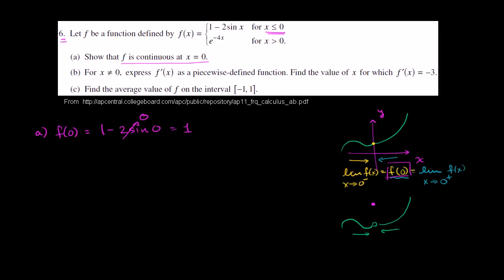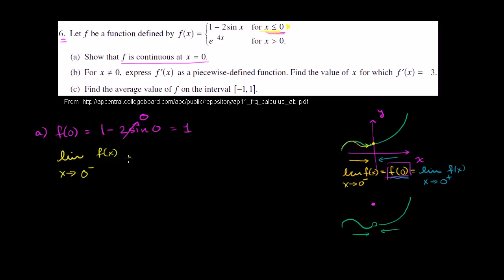Fair enough. Now let's think about the limit as x approaches 0 from the left-hand side of f of x. As we approach 0 from the left, we're dealing with values of x that are less than 0, so once again we're dealing with this first case.